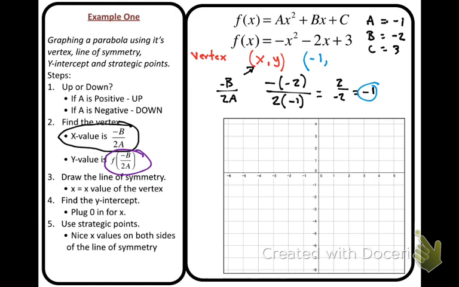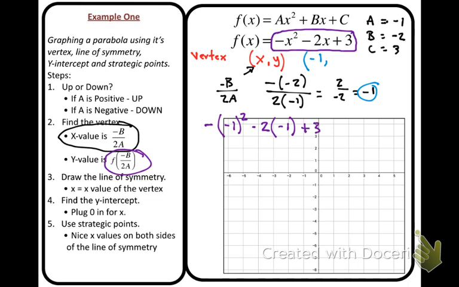So we got that it's -1, so -1 is the number we're going to be plugging in. So we have negative times, instead of writing x, we're going to plug in -1 squared minus 2 times, and again, instead of x, we're plugging in -1 plus 3.